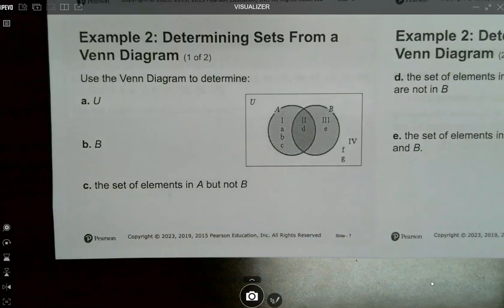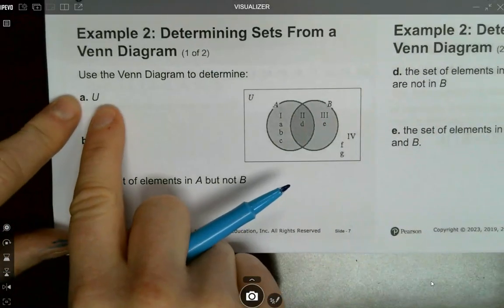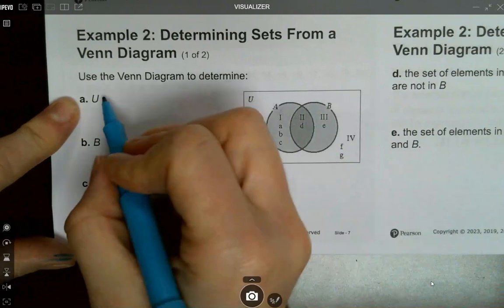Determining sets from a Venn diagram. U is the universal set, so it's everything inside the box.